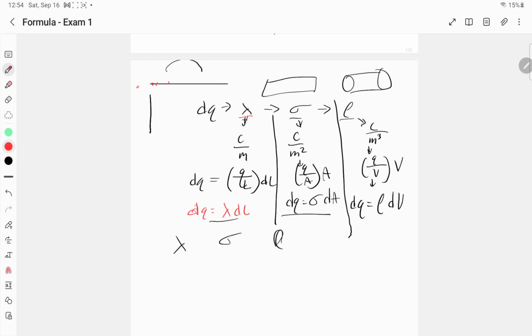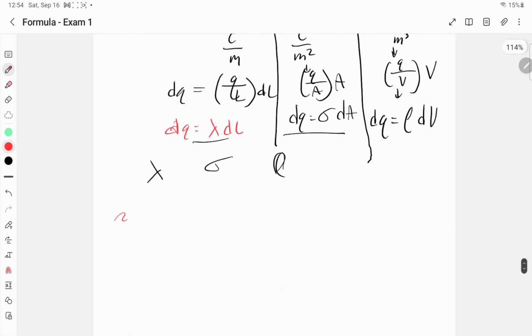The second thing is wording. So a lot of kids are like, hey, how do I know it's this? If it says something like thin rod, that might confuse you, because technically a rod, even if it's thin, you can find a surface cross-sectional area. But if it mentions thin, you're going to use lambda, a linear density, just because they're saying thin. Or if they just say line, then you know you're using this. This one will give you an actual shape.